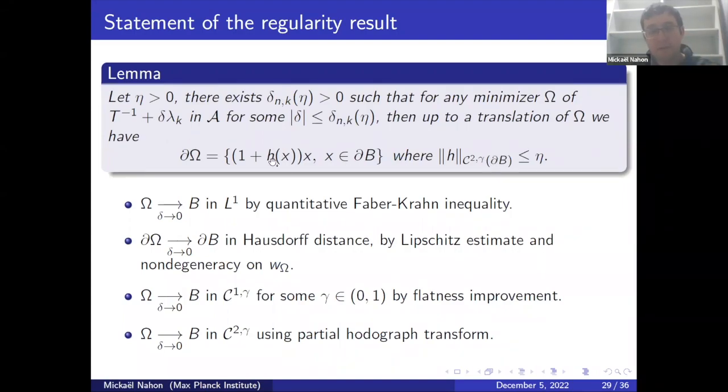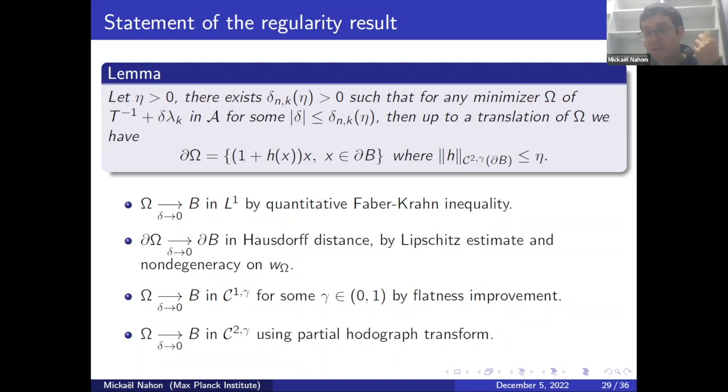So it's a perturbation of the ball by a function that is small in C2 gamma norm, where constant eta is here and here.